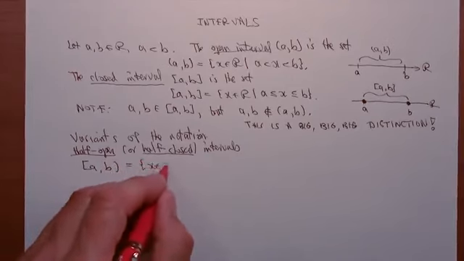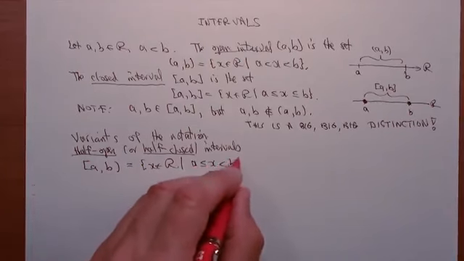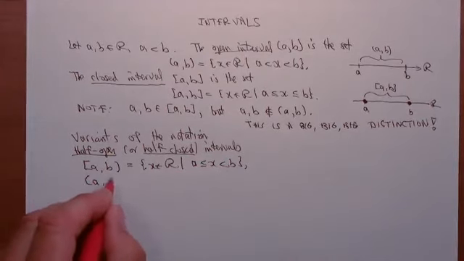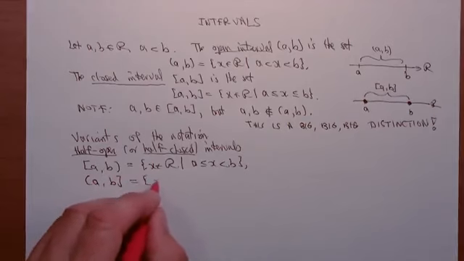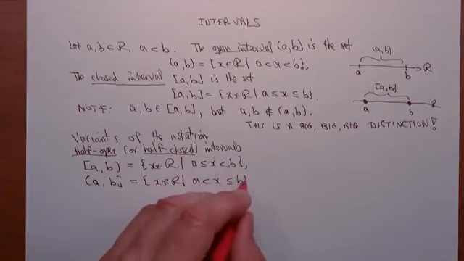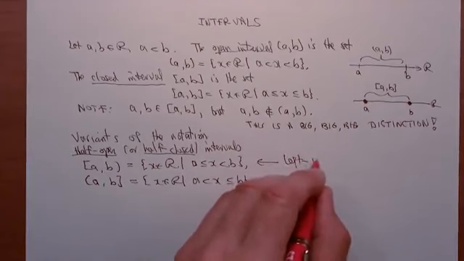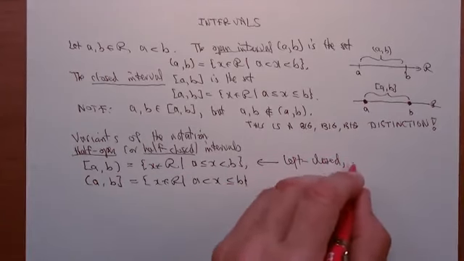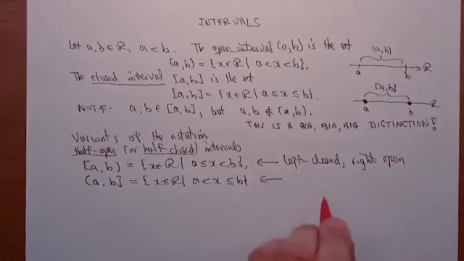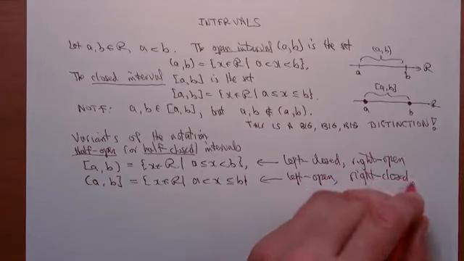That's the set of all X in R such that A less than or equal to X less than B. And the other way, (A, B], is the set of all X in R such that A less than X less than or equal to B. And this one is called left closed, right open, and this one is called left open, right closed.